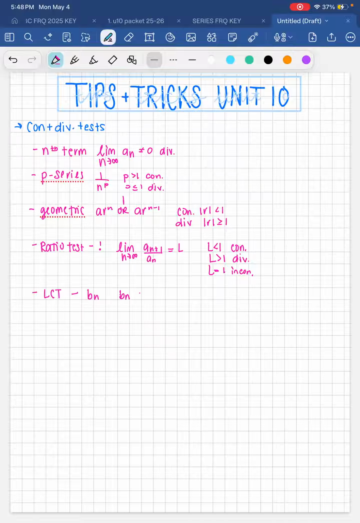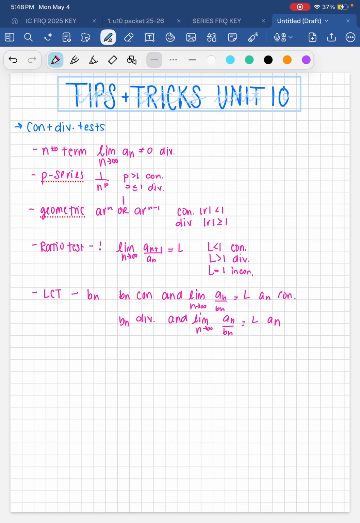If b sub n converges and the limit as n approaches infinity of the original over b sub n equals some number L, then a sub n is going to converge. And if b sub n diverges, we take the same limit of the original over the new series, and we get an answer. As long as b sub n diverges, then a sub n is going to diverge.